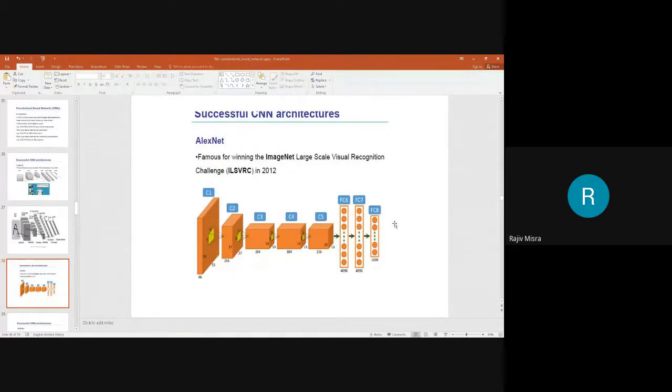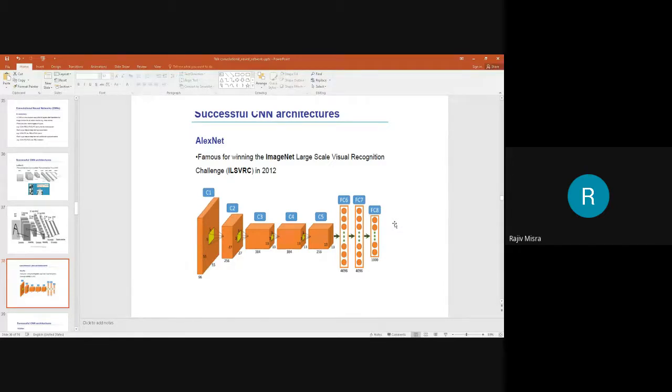Now, other architectures are also there. That is a CNN-based successful architecture called AlexNet. And AlexNet was used for winning the ImageNet competition. ImageNet competition means it uses another data set called ImageNet, and this particular challenge was for that AlexNet architecture.